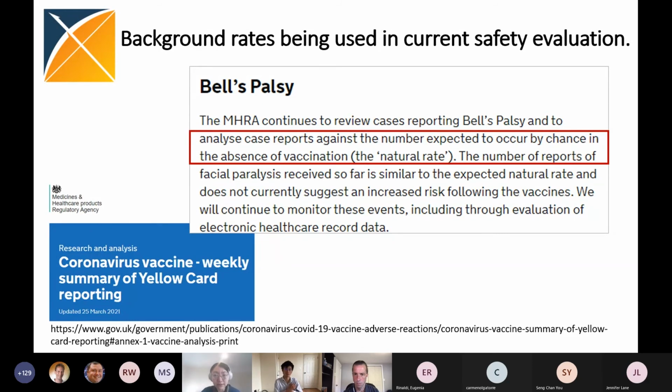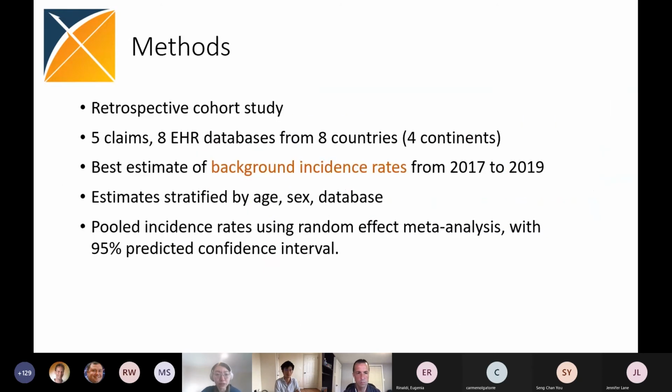That's why we conducted this study to estimate a set of adverse events in the general population before the vaccine was introduced. This is a retrospective cohort study. We included 13 databases from 8 countries, including 5 claims data and 8 EHR data.